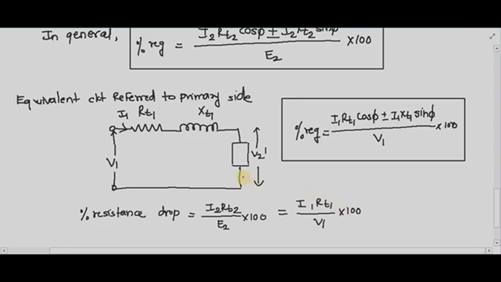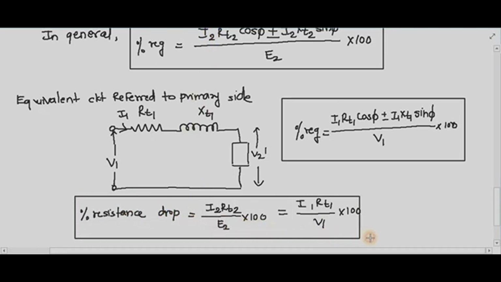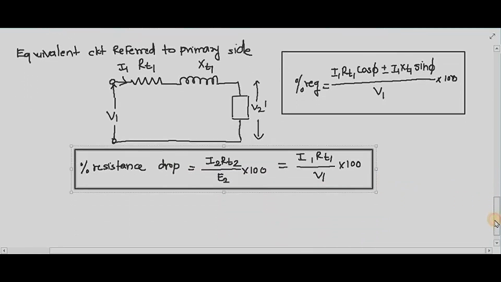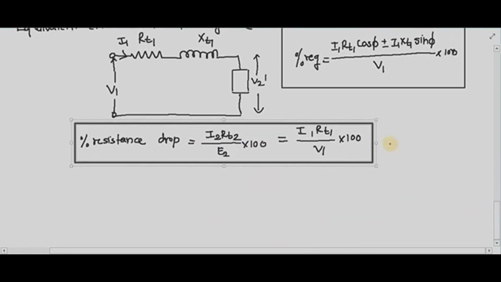So sometimes the resistance as well as the reactance drop in volts are expressed as a percentage of rated voltage, as in equations 2 and 3. Now I will write down the percentage reactance drop.